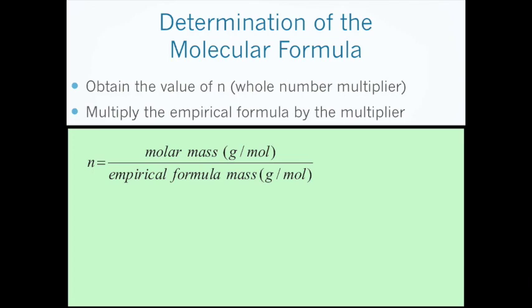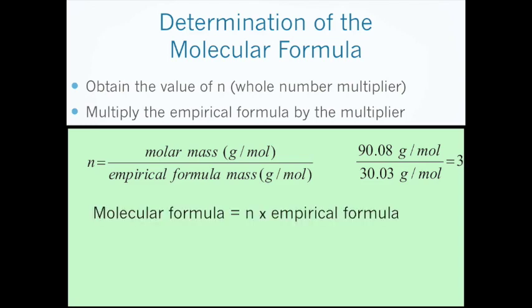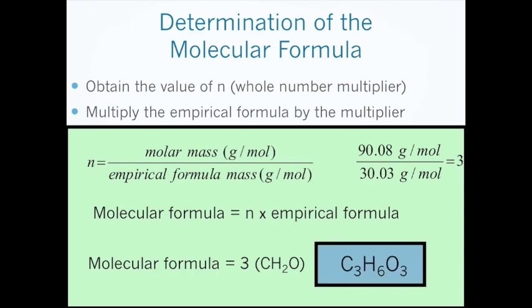So we divide the molar mass by the empirical formula mass, and this gives us N, which in this case 90.08 divided by 30.03 is approximately 3. So N is 3. We multiply the empirical formula by 3, and we get C3H6O3.